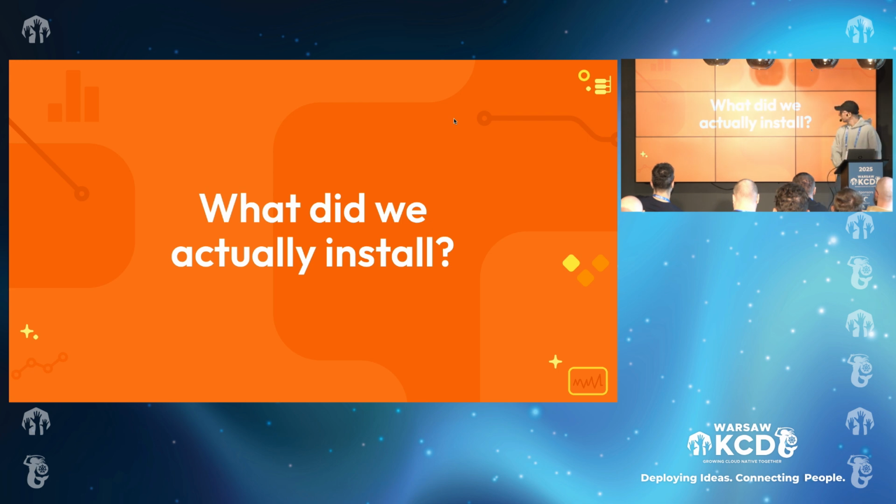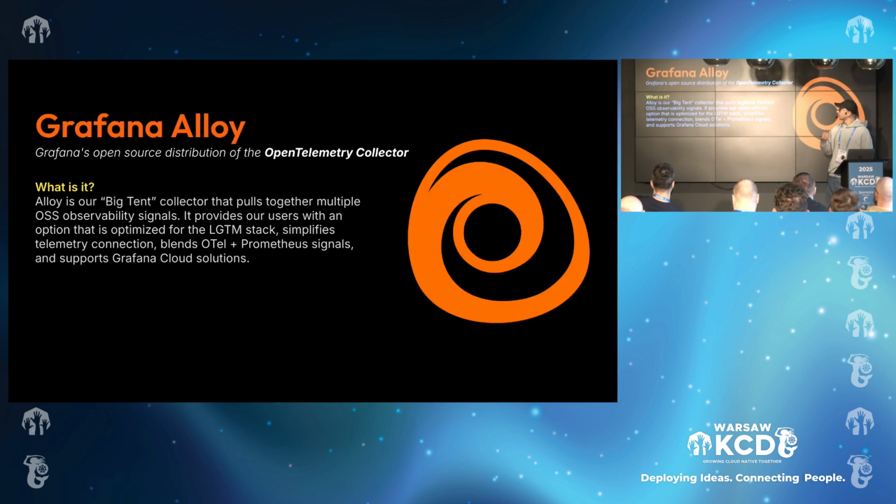Okay, but what did we actually install? First of all, we deployed Grafana Alloy. This is the backbone of the Helm chart. It is our distribution of the OpenTelemetry collector. The job of Grafana Alloy is to accept any OpenTelemetry data: logs, metrics, traces. It also supports continuous profiling with Pyroscope, and is natively integrated with Prometheus.